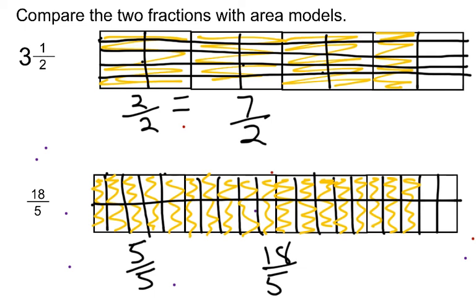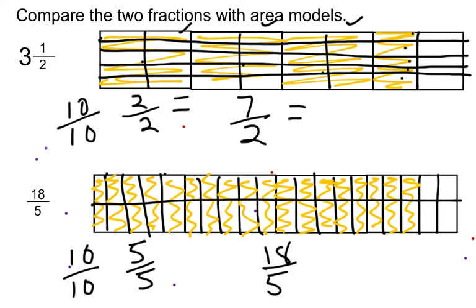So I have a common denominator. I can see in each case, each one has 10. So 10 tenths here and 10 tenths here. Now I can count 10, 20, 30, 1, 2, 3, 4, 5.